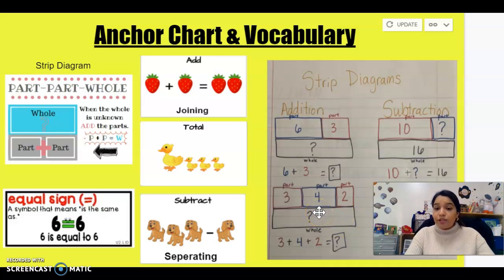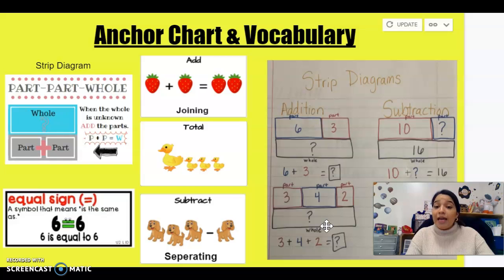So we had to add each part. We added 3 plus 4 plus 2 in order to get our whole number, which was our mystery number.